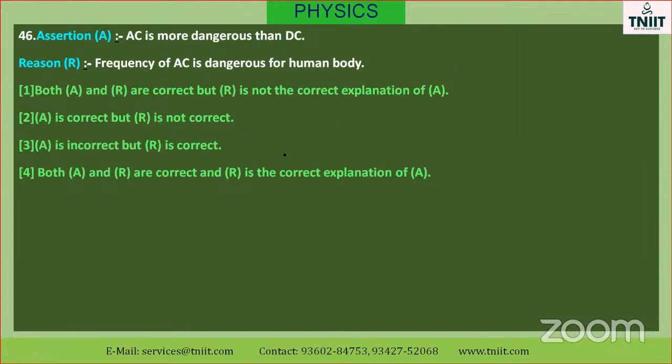AC is more dangerous than DC. Frequency of AC is dangerous for human body. Actually, it is not that dangerous because for a complete cycle, the average value is going to be 0. So that is not more dangerous. But AC is more dangerous than DC?